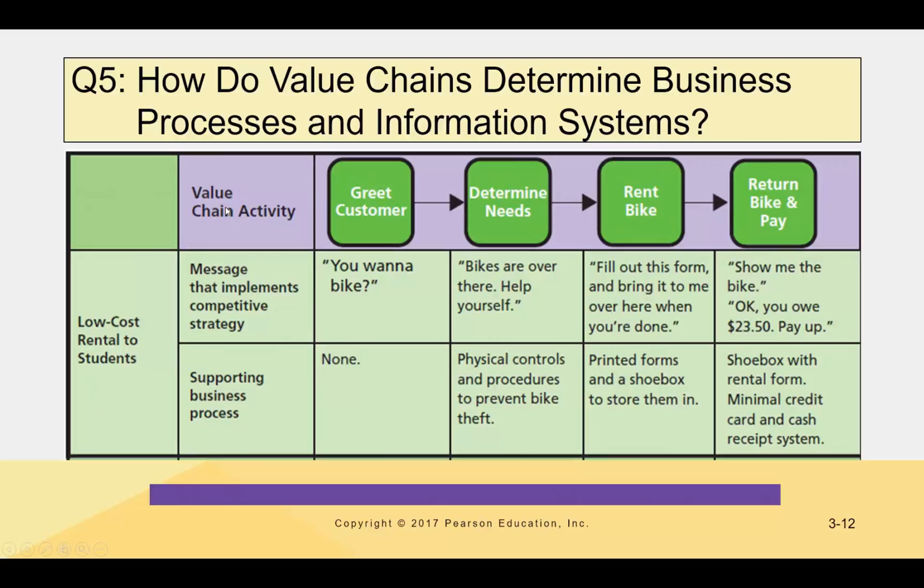Low-cost rentals to students. Look at the model here. I recently took a little 2-day R&R trip to Chattanooga, Tennessee, and Chattanooga's big on bike rentals, so any place you go in the city, you can rent a bike for $5 a day, but you have to change the bike with another bike every hour.